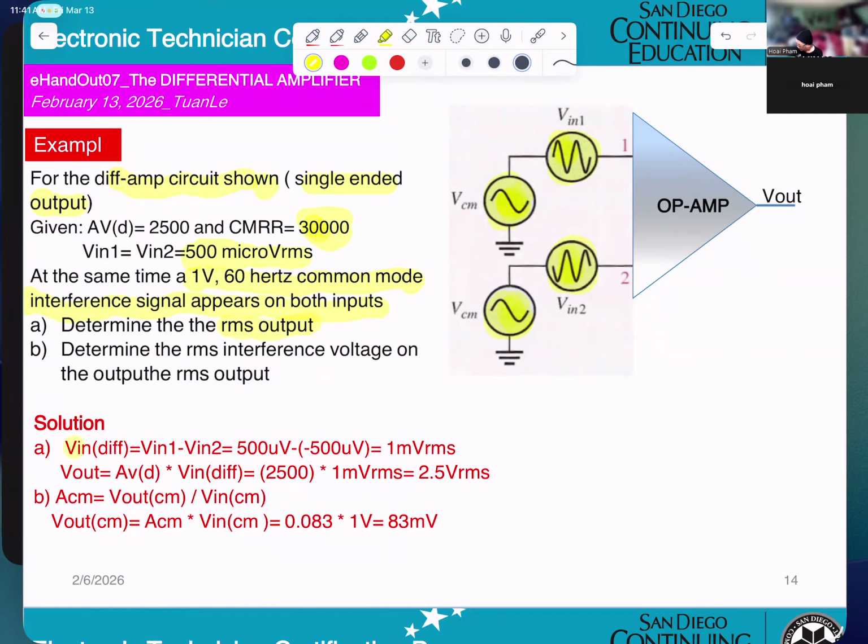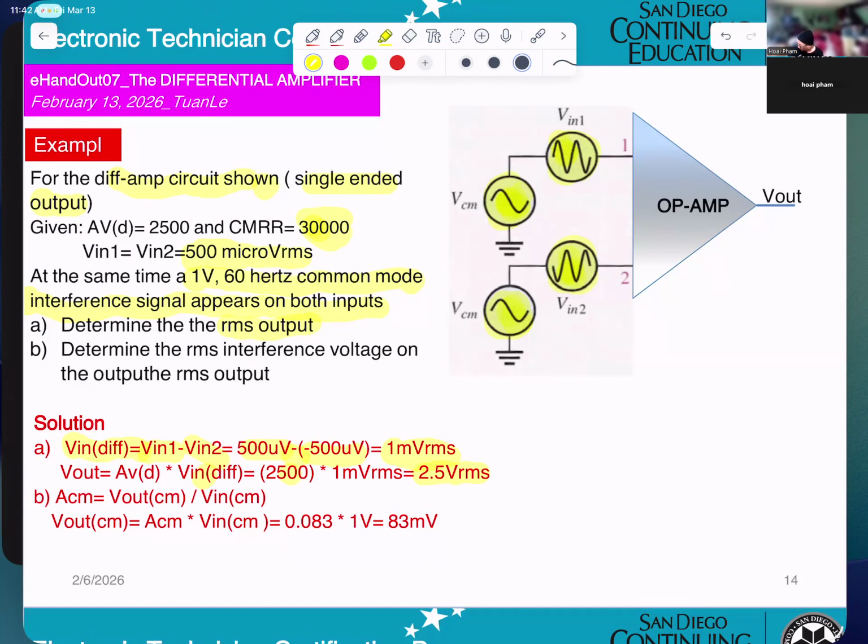Now V in differential equals V in 1 minus V in 2, that means 500 microvolt minus minus 500, since they are opposite, giving 1 millivolt RMS. Therefore V out equals AVD times V in differential, 2500 times 1 millivolt RMS. You get 2.5 volt RMS.